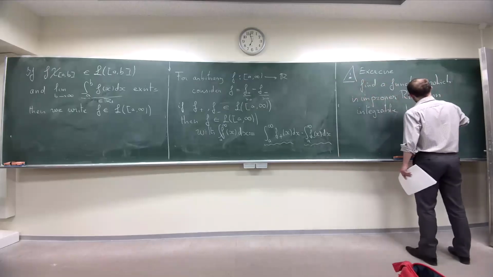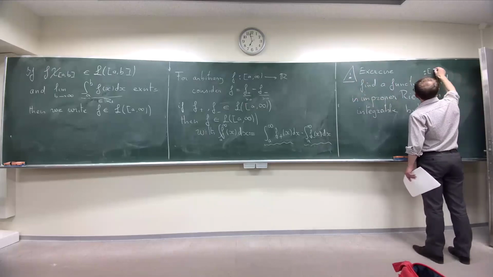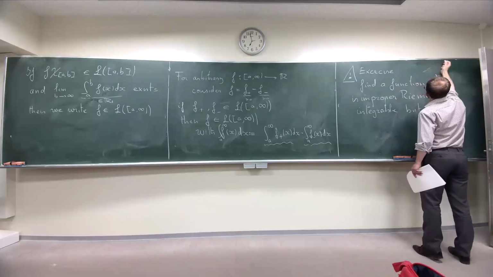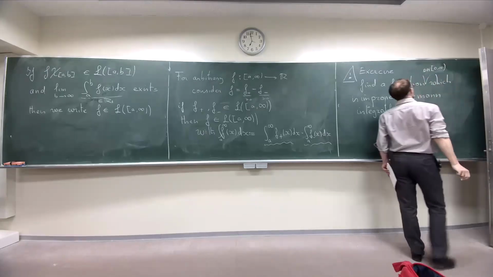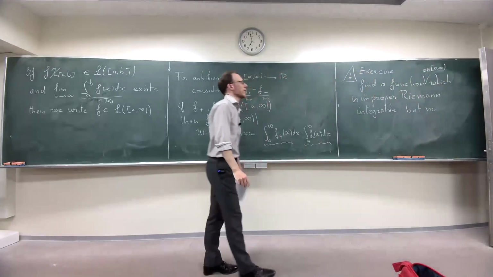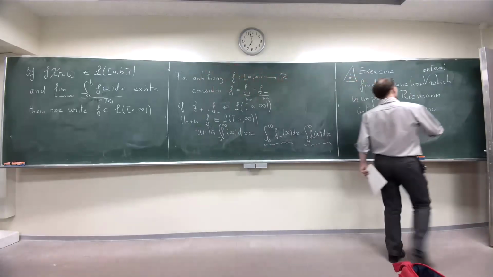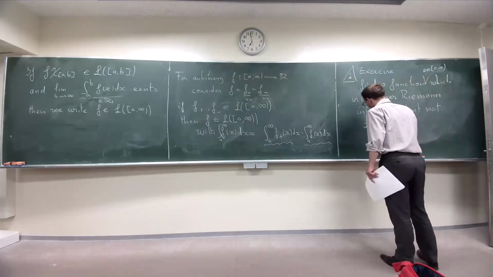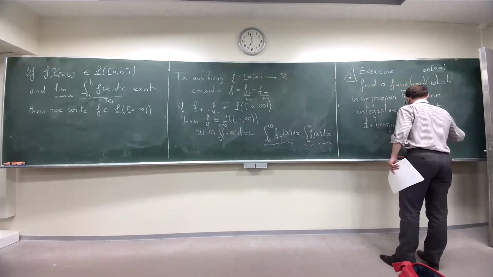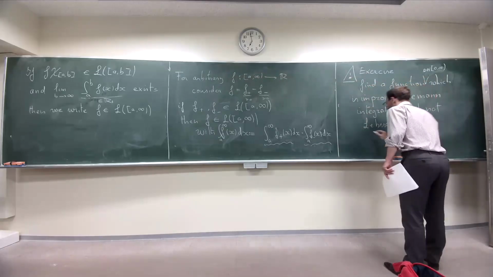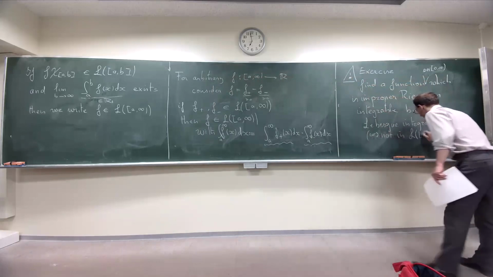Find a function on 0 infinity, because I want an unbounded domain, which is improper Riemann integrable, but not Lebesgue integrable, so it is not in this L of 0 infinity.